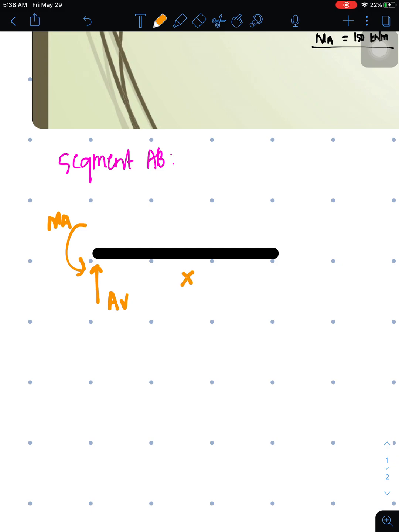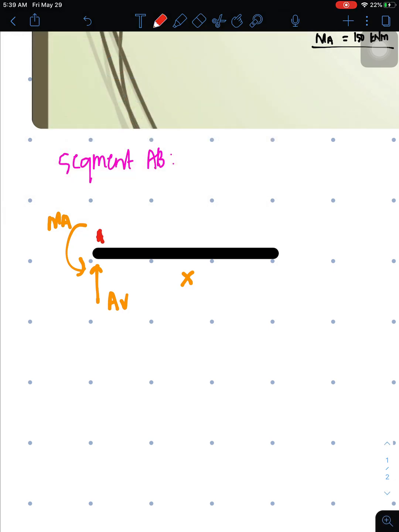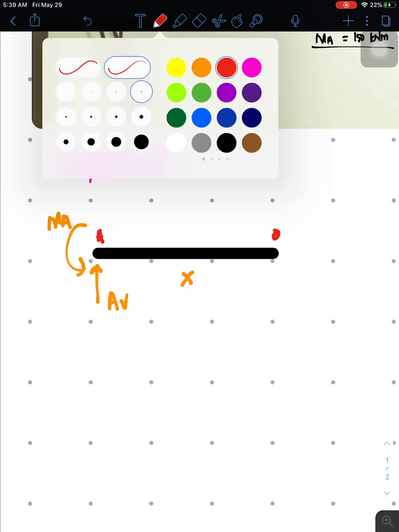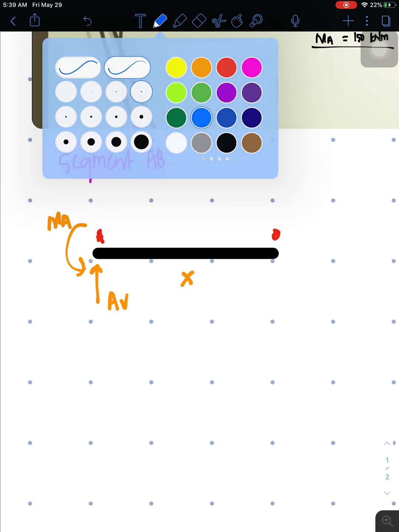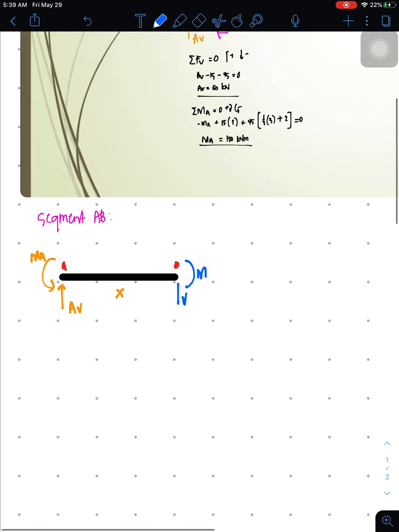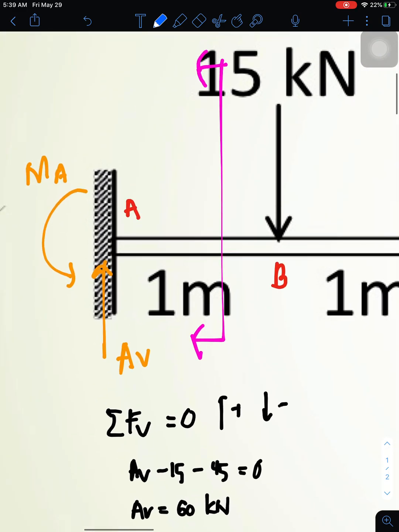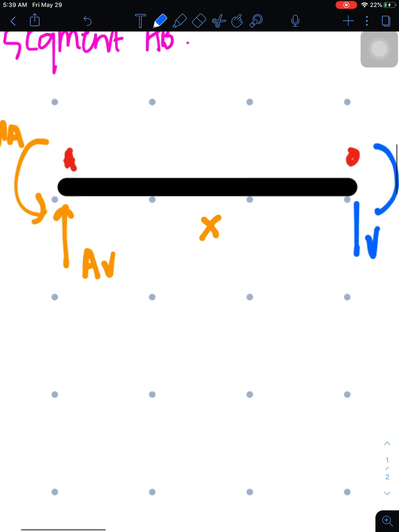Also, since I'm now cutting here, this is expressed in X, this is point A, and this is the point of cutting. So you will have here shear and moment, the vertical and rotation. From A to B, is there a load? There is no load included, so just leave it like that.